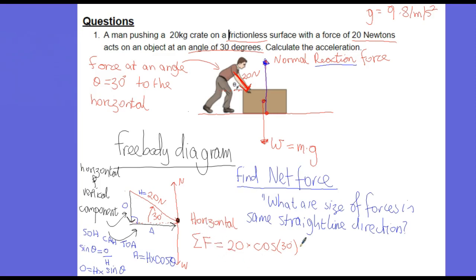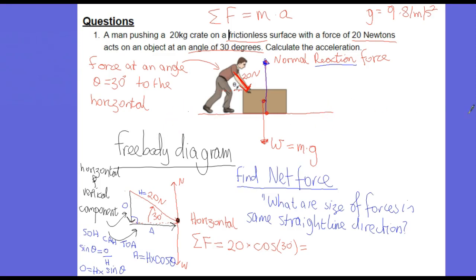Now, the net force in the horizontal direction, remember what Newton's second law said? That the net force is the same as the mass multiplied by the acceleration. So if you can work out the net force, then you equate that to the mass of the crate multiplied by the acceleration of the crate. Now, if you think about this situation logically, which way is the crate likely to accelerate or start to move?